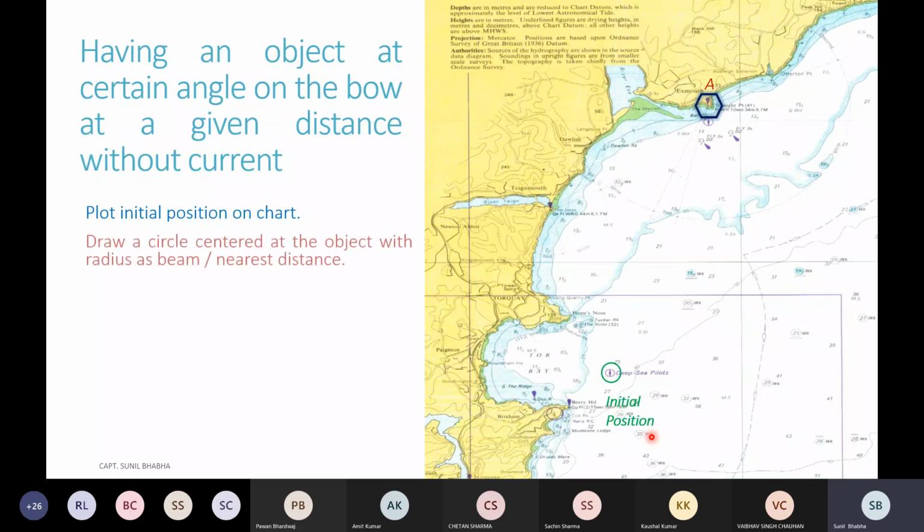So what we are going to do now is we will draw a circle centered at our reference object, which is the straight point lighthouse, and whose radius is equal to the beam distance or the nearest distance from this lighthouse when we are moving on our track.